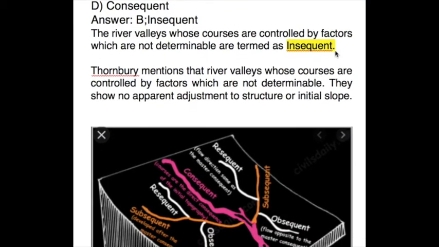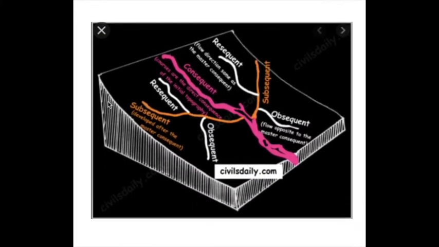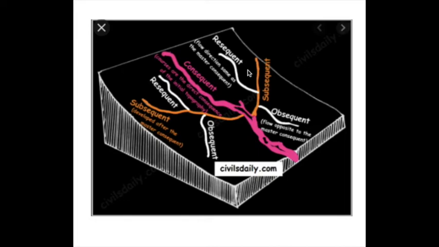Let me explain insequent here. The river valleys whose courses are controlled by factors which are not determinable are termed as insequent. And we have already discussed the terms similar to insequent, that is resequent, subsequent, obsequent, consequent. The main river that is moving in the direction of the slope, from top slope to the bottom slope, that is consequent.